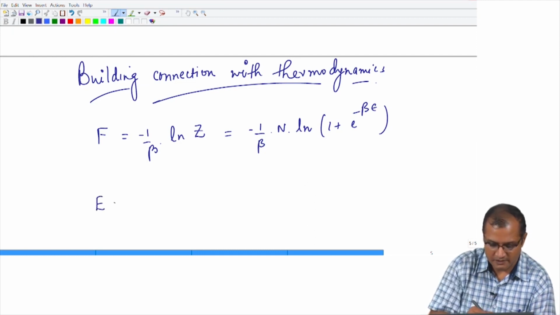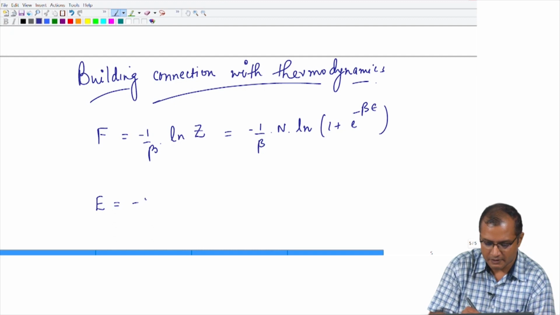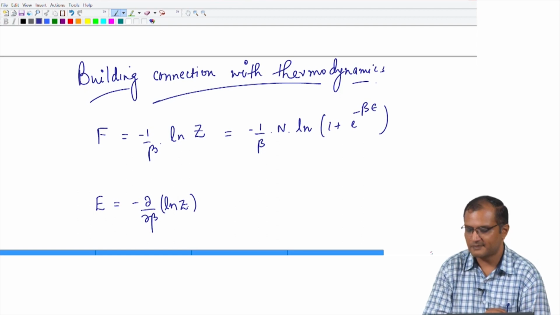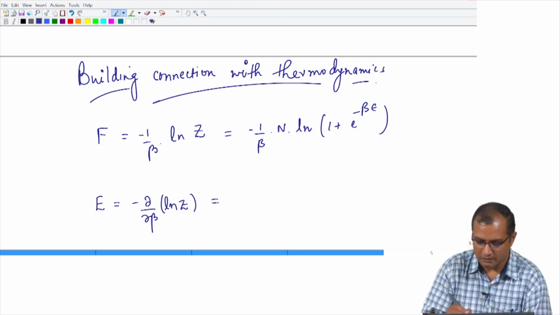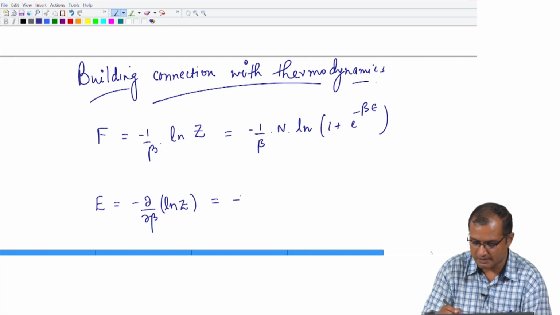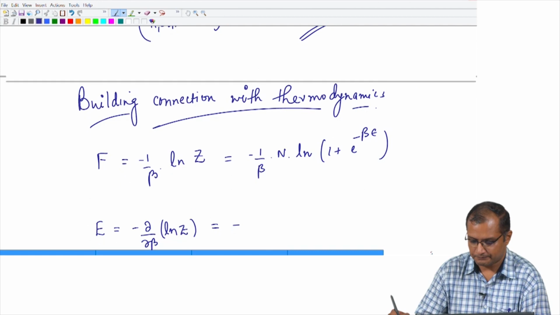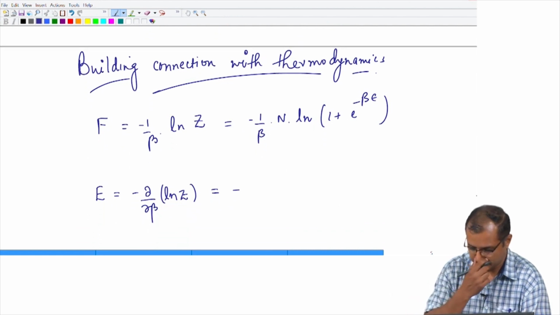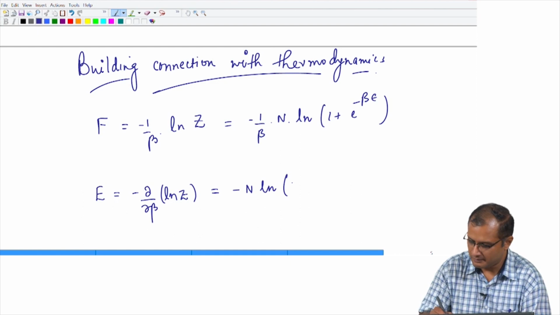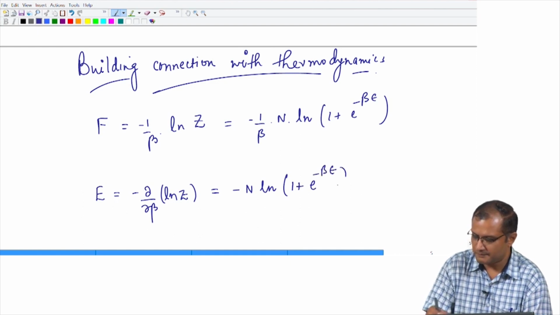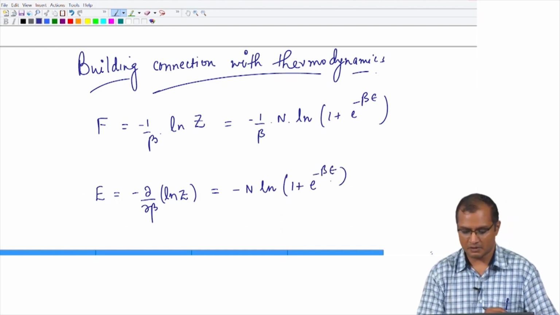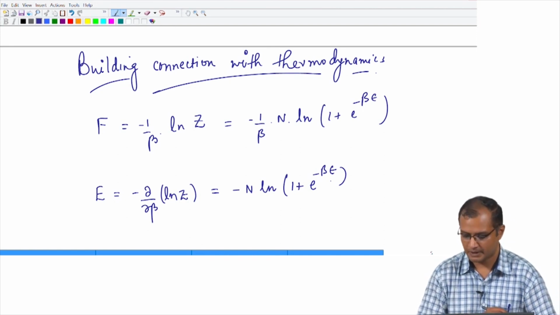The total energy is very straightforwardly computed, it is minus of d by d beta of ln Z. So, you can write this down as minus d by d beta of N ln of 1 plus e raised to minus beta epsilon, fine. That is your internal energy.